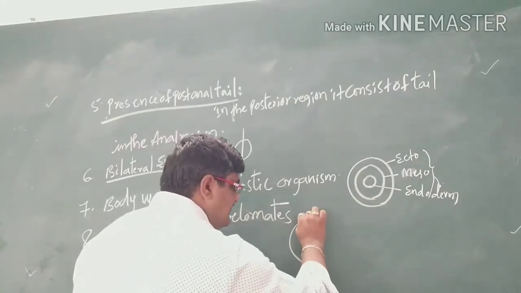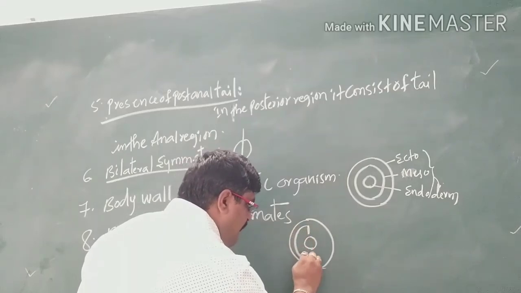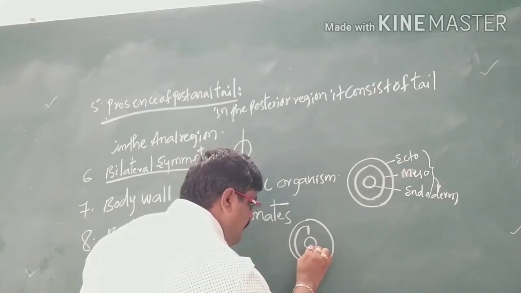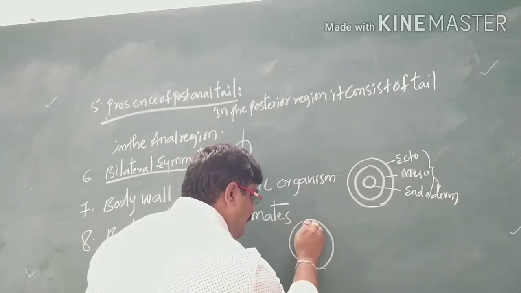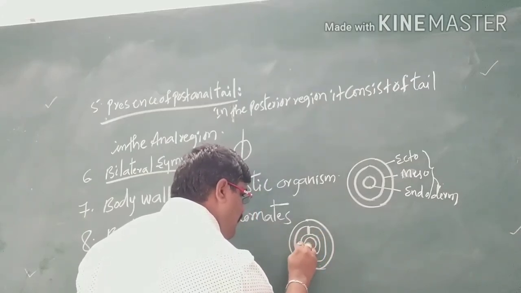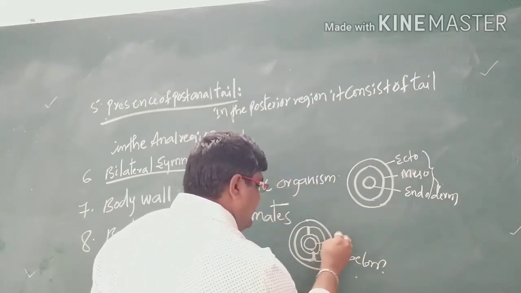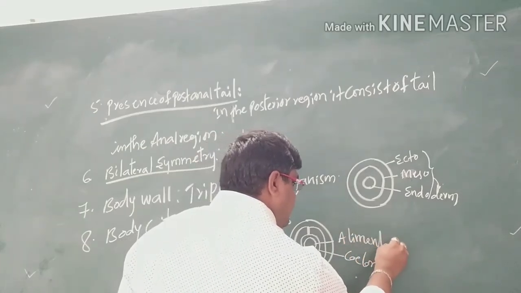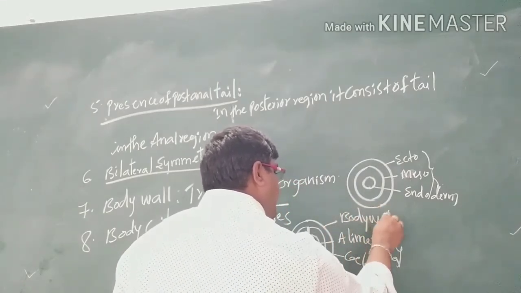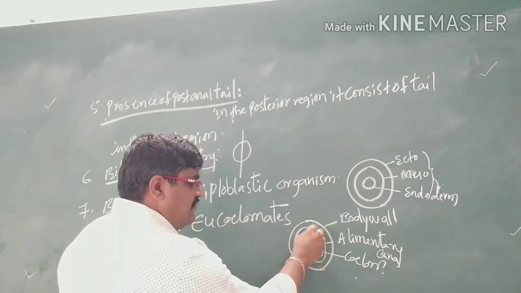For example, this is the alimentary canal and this is the body wall, and in between we call it the coelom, a true coelom.